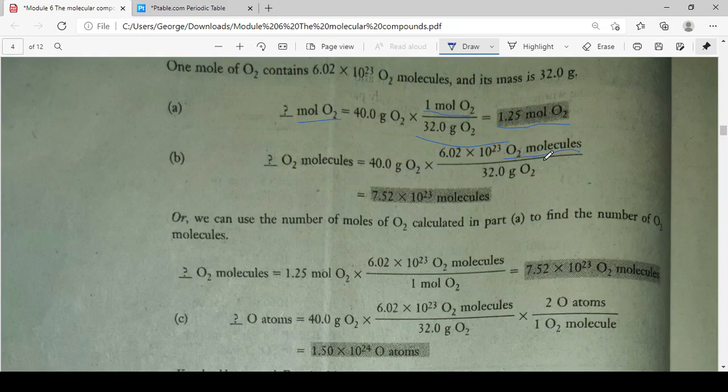And it is divided by 32.0 grams of your O2. Everything on top, multiply first. And everything on the bottom, divide after. Again, multiplication first before we divide everything. So, 40 times 6.022 times 10 raised to the power of 23, then divide by 32, to find your final answer of 7.52 times 10 raised to the power of 23.